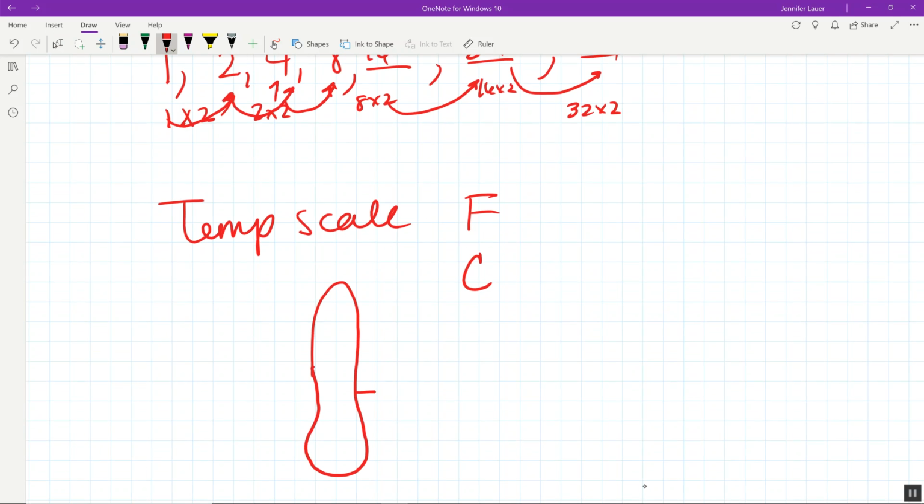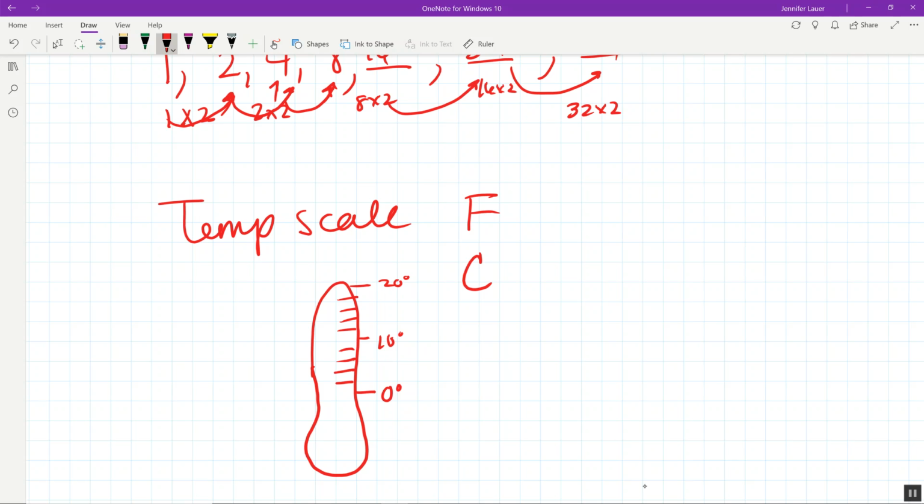And so we have like a temperature grade, so that's 0, 10, and 20. Sorry about my terrible drawing here. And looks like 2, 4, 6, 8, 2, 4, 6, 8. So you kind of have to figure out what the scale is going up by.